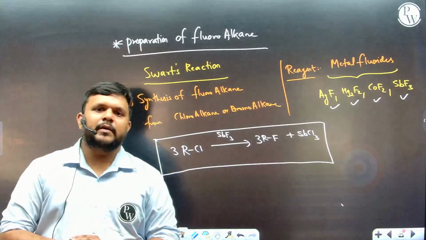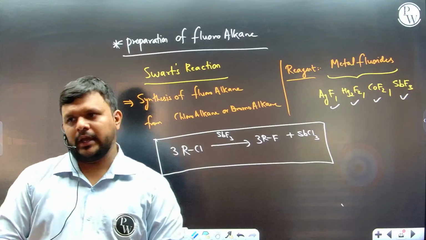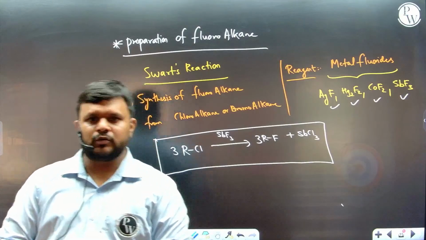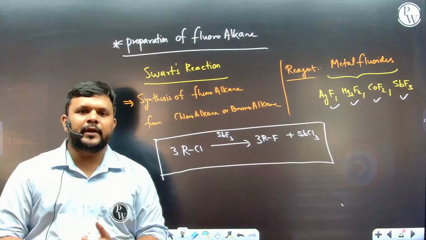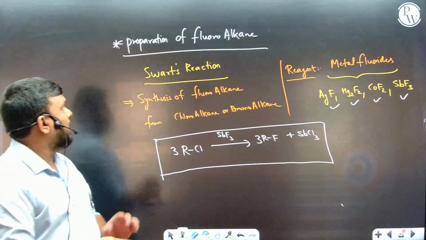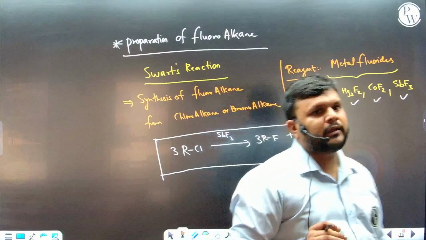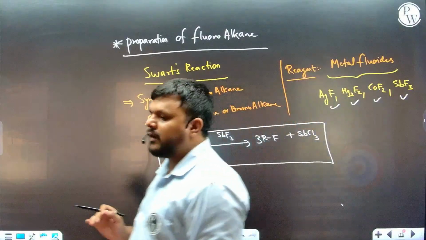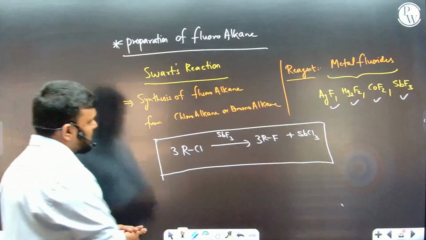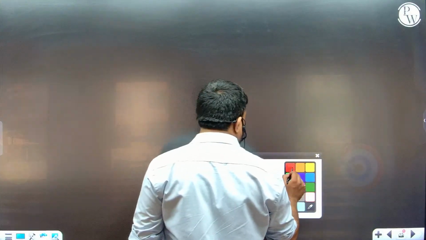Third method was by reaction of HX with this alcohol in presence of anhydrous ZnCl2, and that was nothing but the Lucas reagent. And then we prepared the haloalkane from alkane, then from alkene, and now we had the preparation methods of iodoalkane, which is the Finkelstein reaction, and after that the preparation method of fluoroalkane, that is the Swarts reaction. Now let us have reactions of haloalkane.